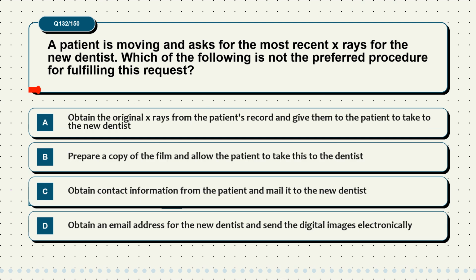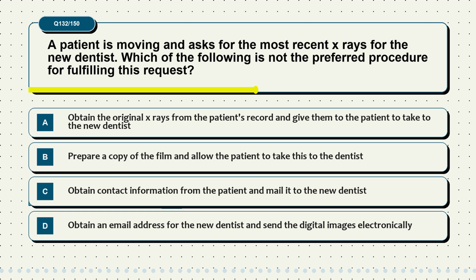Question 132. A patient is moving and asks for the most recent X-rays for the new dentist. Which of the following is not the preferred procedure for fulfilling this request? Here are the options. Option A. Obtain the original X-rays from the patient's record and give them to the patient to take to the new dentist.